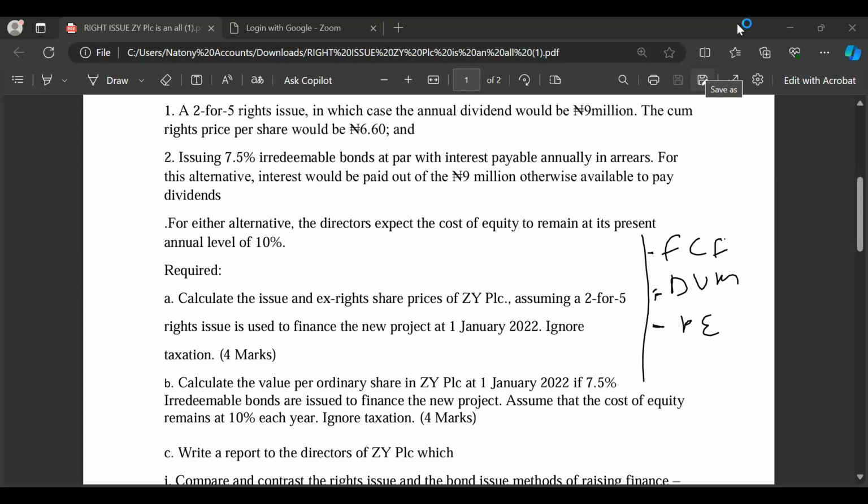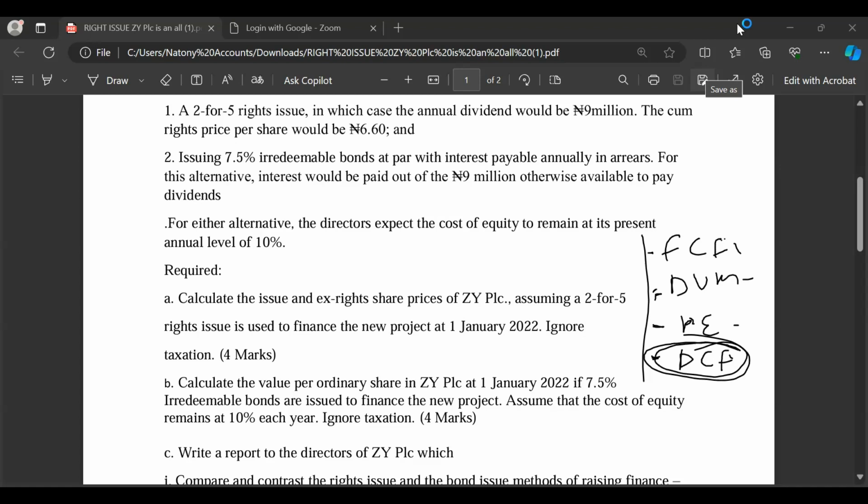At times, the examiner may just decide to give you, say, a discounted cash flow. And for the discounted cash flow, the parameter for determining the cash flow, the examiner will give you that parameter. But in this question, which of these 3 methods do you think we can use to value the company?